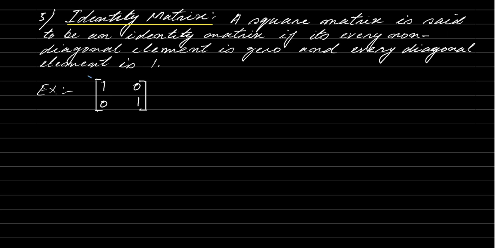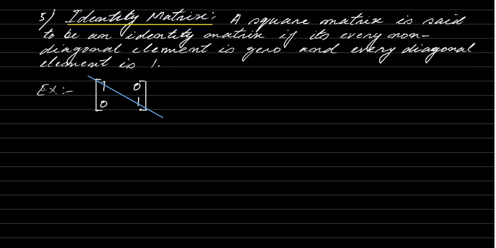This is always the leading diagonal of a matrix, top left to the bottom right. This is called the diagonal of a matrix, and the elements in the diagonal are called diagonal elements, and the elements which are not lying in the diagonal are called non-diagonal elements.